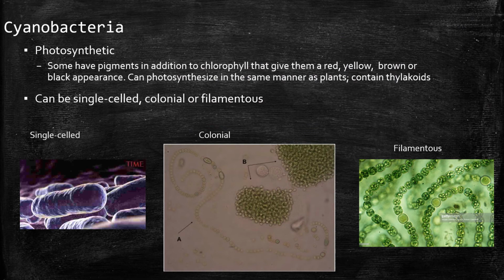I want to draw your attention to a particular type of bacteria called cyanobacteria. And it is still in the domain bacteria. But it's significant on Earth because this particular group of bacteria typically lives in the top layer of bodies of water, and they provide two main functions.